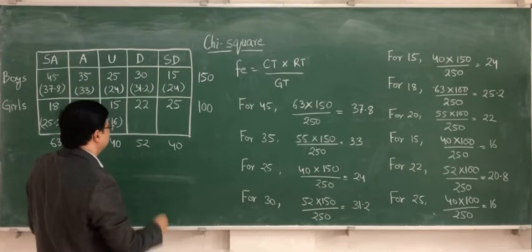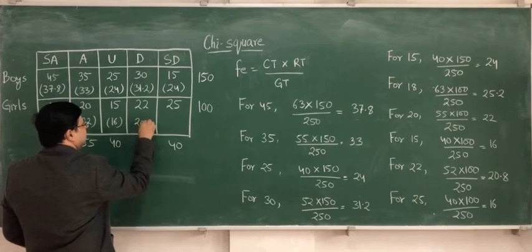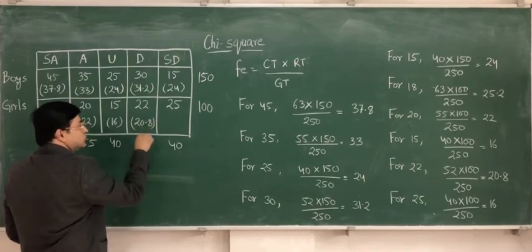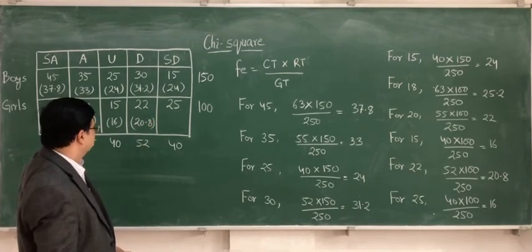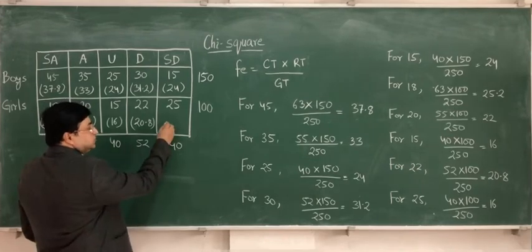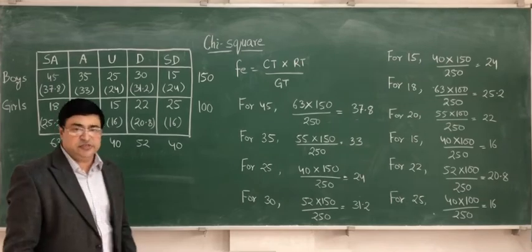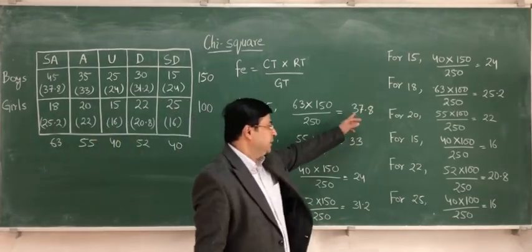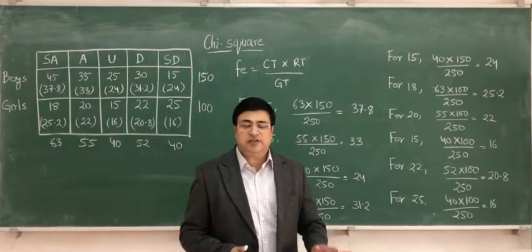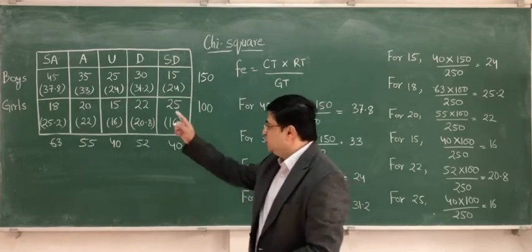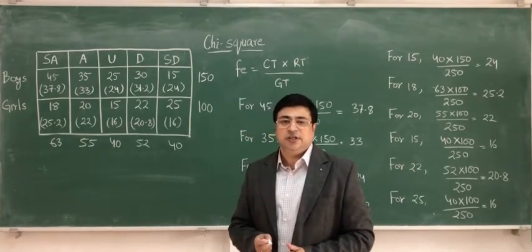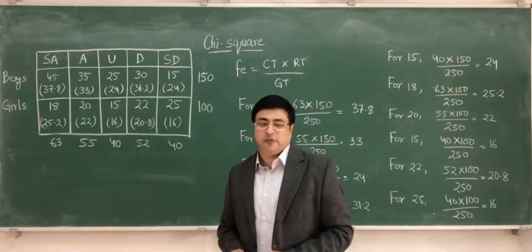For 22 it is 20.8. Then for 25 it is 16. So we just copied the expected frequency that we calculated and noted it just below the observed frequency.